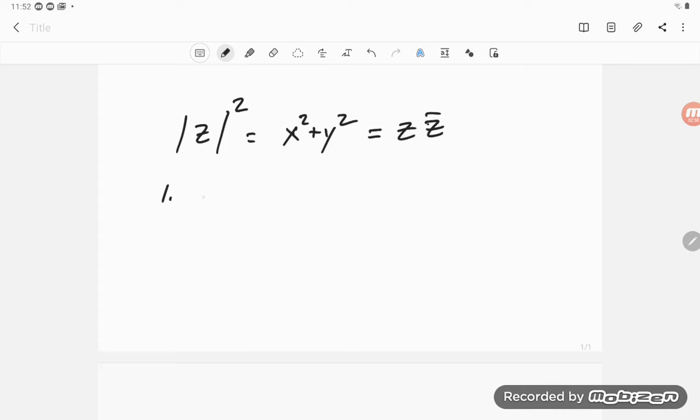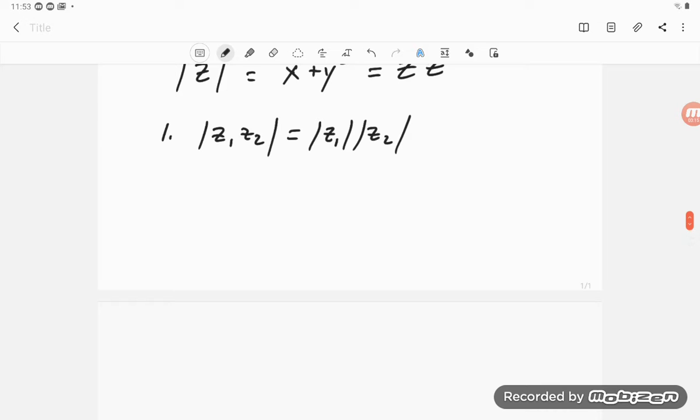So that's nice. And then there are some other properties. Property 1, the absolute value of z1 z2 is what you would hope it would be. It's the absolute value of z1 times the absolute value of z2. And that's probably, if I were going to prove that, I would do it with the squares, and then say, well, then I could take the square roots.